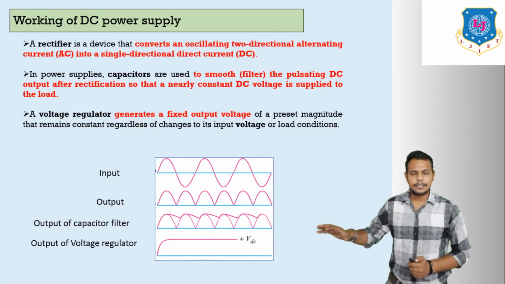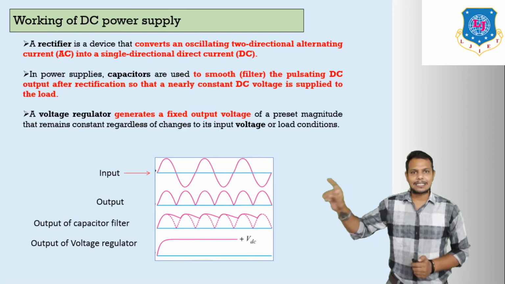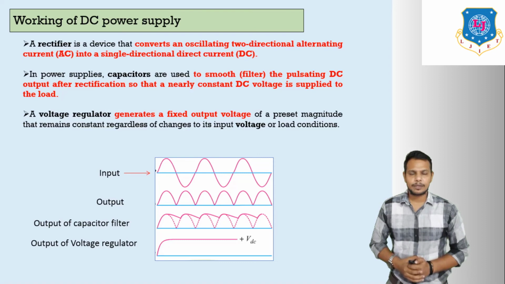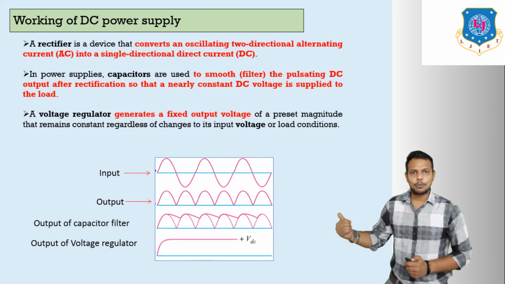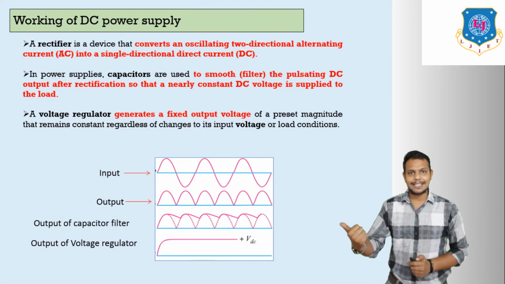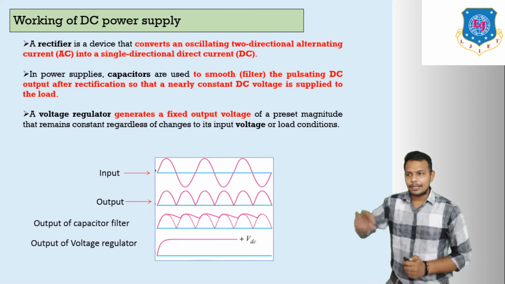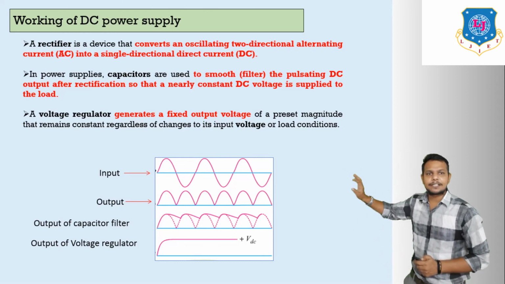So here we can see the different waveforms. First is the input. If we enter this type of input across this step down transformer, after processing we will get output in the form of a full wave rectifier, or we can say bridge rectifier. If we connect a capacitor across the load resistor, then we will get the output of the capacitor filter.